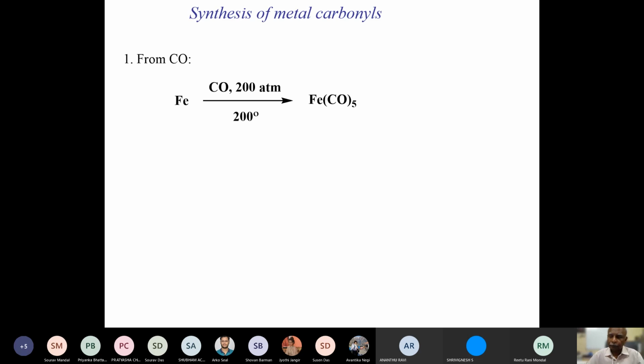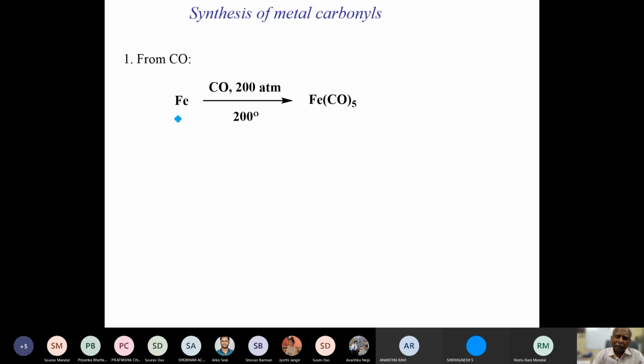And let me briefly tell you that these molecules are not always easy to synthesize. There are two metal carbonyls which are fairly easy. But apart from that, the others are a little difficult. And I'll tell you the reason for this difficulty. Iron is easy.